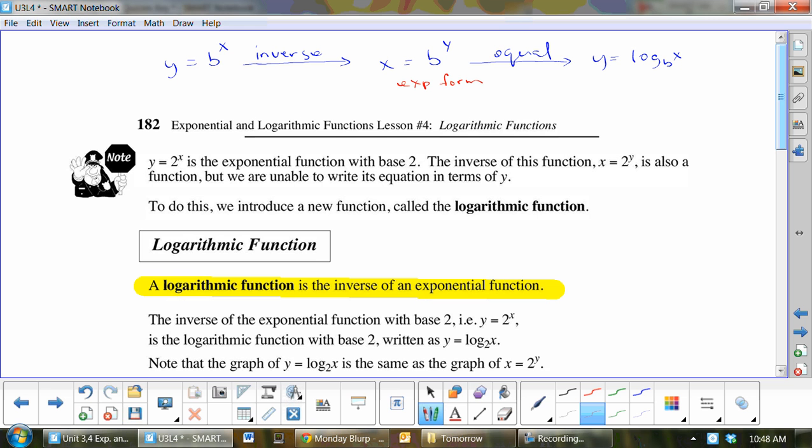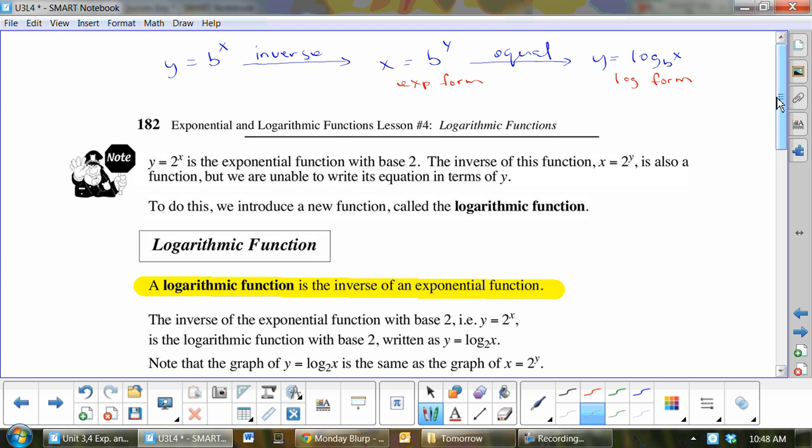This is called the log form. Do you first see what happens? B stays as the base for both of them. And what happens to x and y? They switch. So x and y get switched and the word log gets put there.